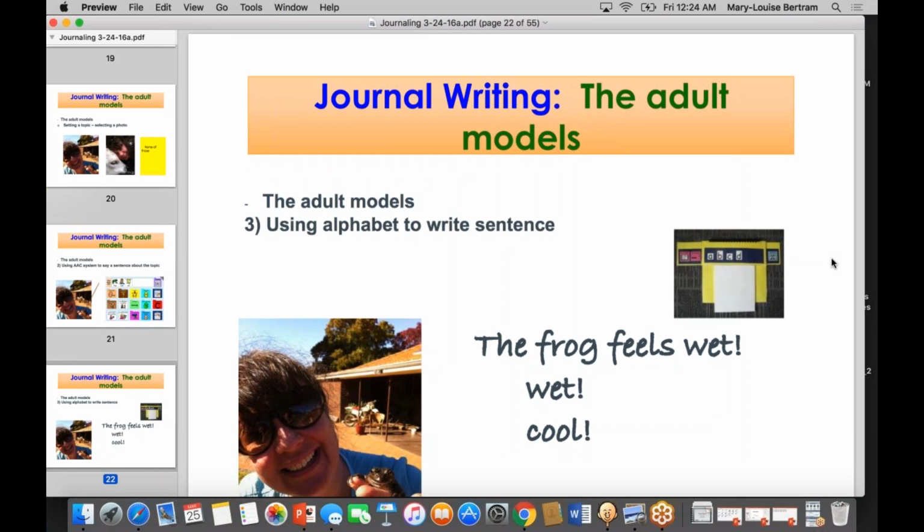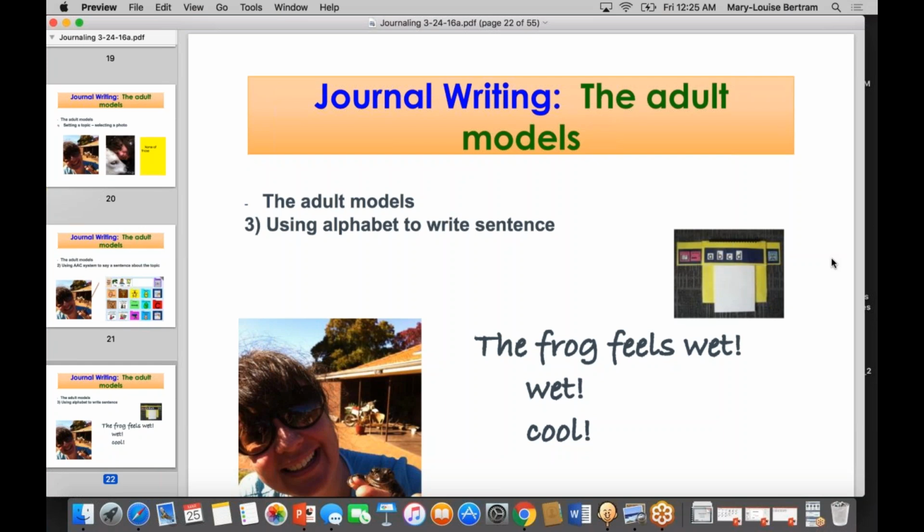Now, if I've got students who are more transitional or conventional in their journal writing, I might write a whole sentence such as the frog feels wet using a keyboard or alphabet page, a QWERTY page. If I've got very, very emergent readers and writers, emergent communicators, children who are very new to this and it needs to be quick, bang, out we go, then I'm going to be modelling.